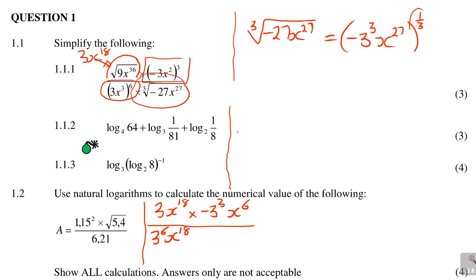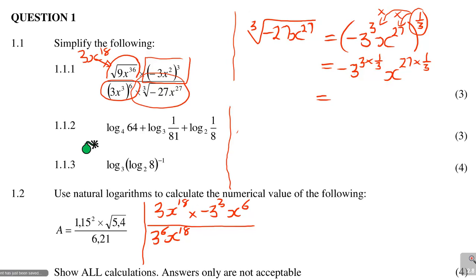Remember what I said? This power, it multiplies and it multiplies. You need to do these step by step. Don't just be in a hurry to try to simplify things at once. You usually make some errors. So it's 3 times power 1 over 3 x to the power 27 times to the power 1 over 3.